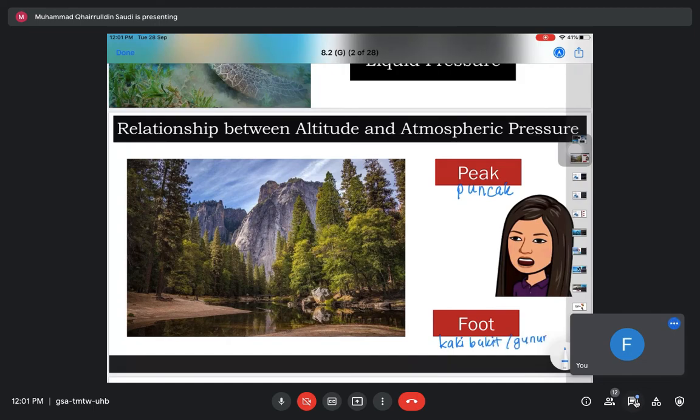Okay, good. So between these two places, peak and foot, last lesson we learned that atmospheric pressure acts on all objects on the surface of the Earth. So today we are going to relate it with altitude. Altitude is ketinggian; in Malay it is still altitude, just meaning height.